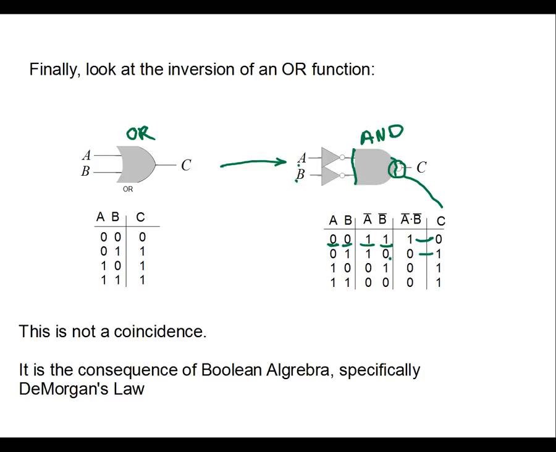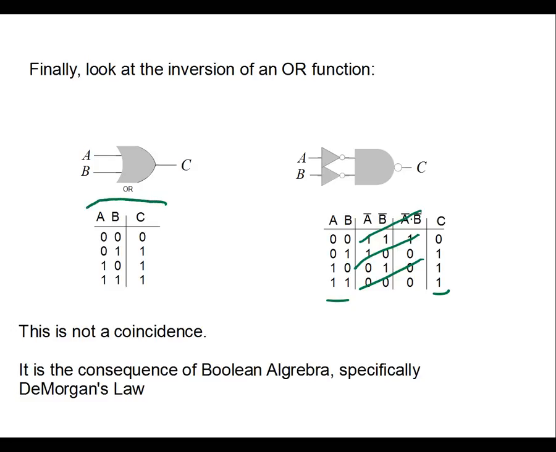So we can build this truth table to find out the outputs we would derive for this circuit with these inputs. Hold on, take a look at this. This is what the OR truth table is.